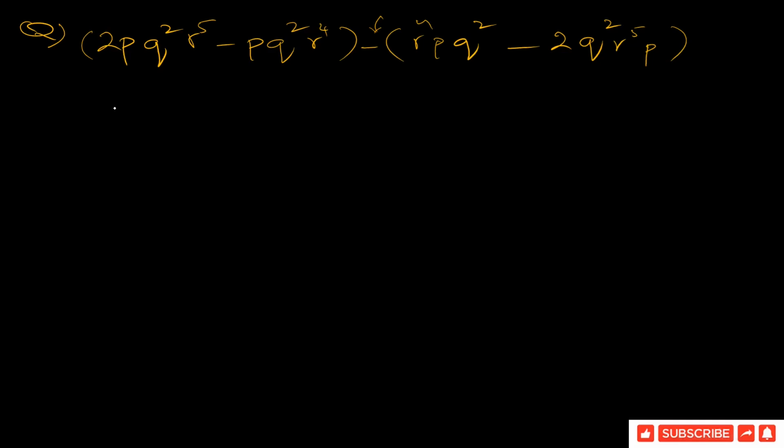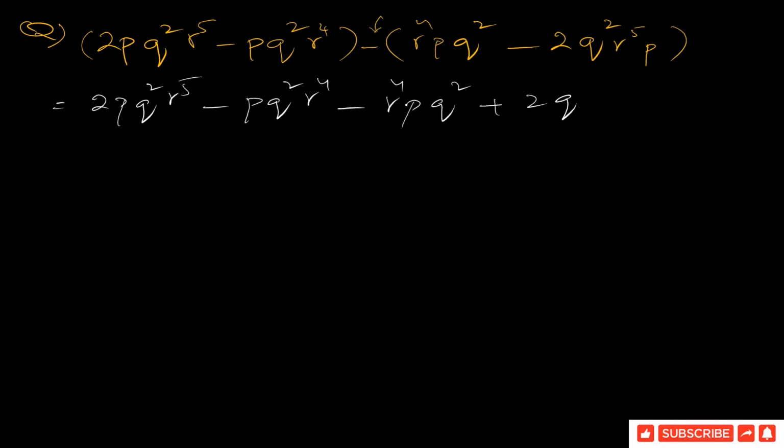So it will be 2pq squared r^5 minus pq squared r^4 minus r^4 pq squared plus 2q squared r^5 p. We did plus because the minus has changed the sign of the inside terms, so negative became positive.